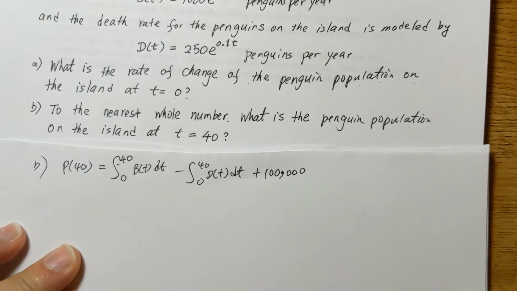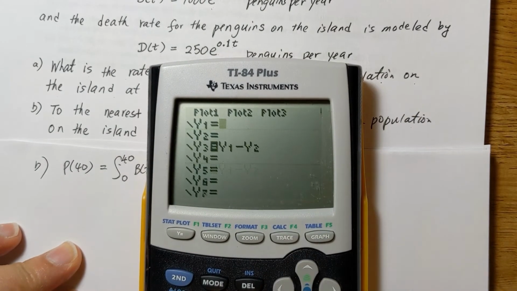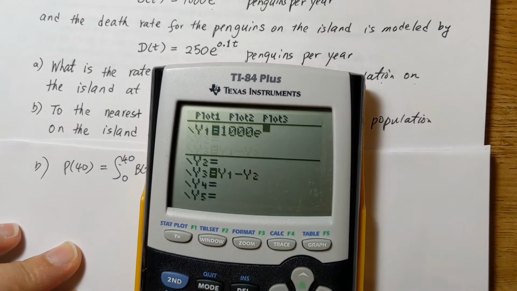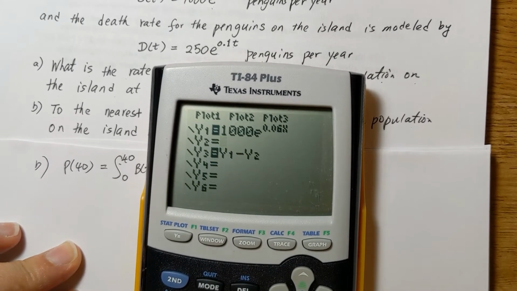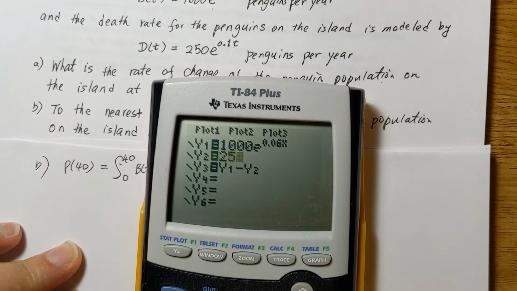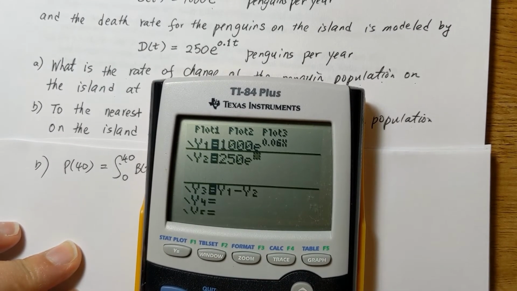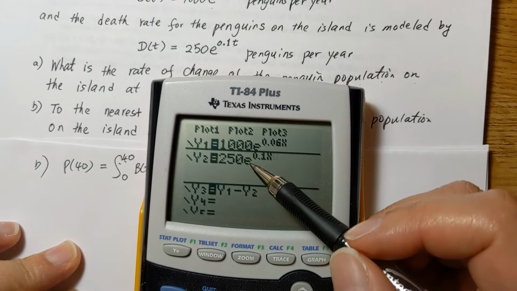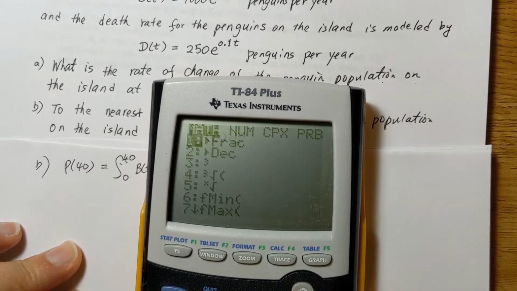Now we're going to type this into our calculator. We have y1 is 1,000 times e to the 0.06x, and then minus 250 e to the 0.1x. Now we're going back to math 9.